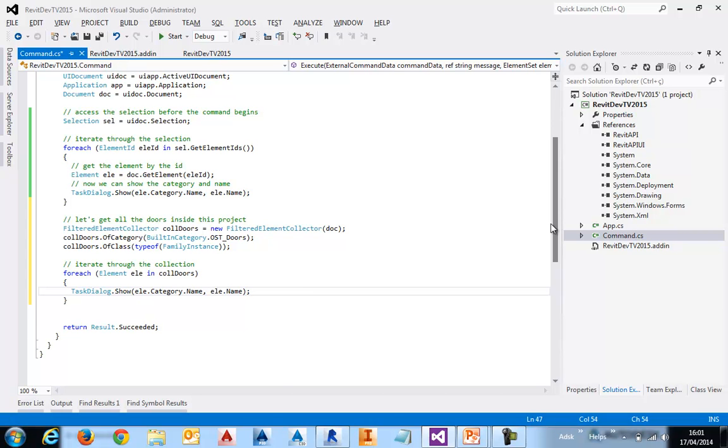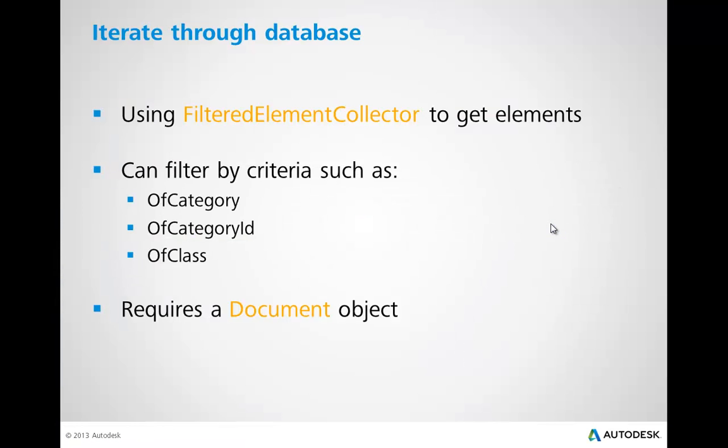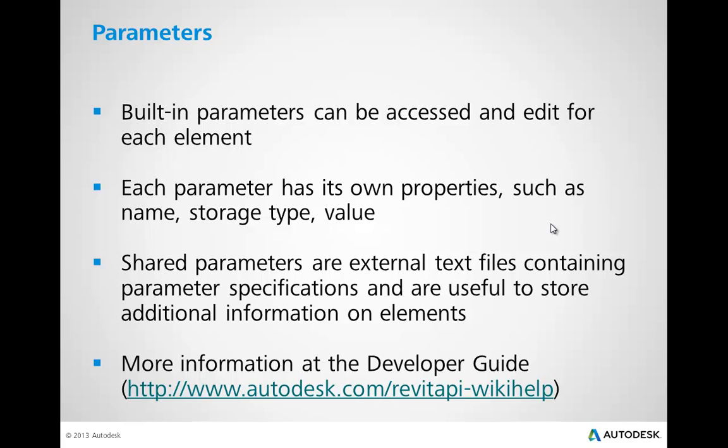Before we run this code, let's go to a few more important information about the parameters. All the built-in parameters can be accessed and added for each element. Some parameters cannot be added because they are read-only, but we can at least access them.